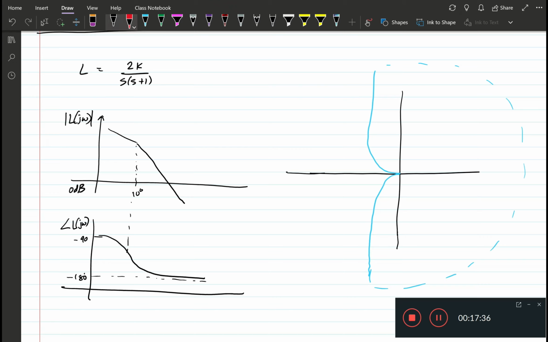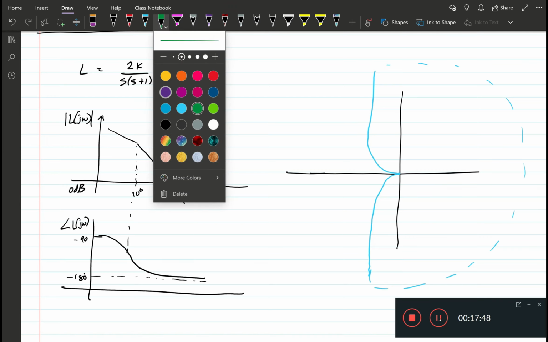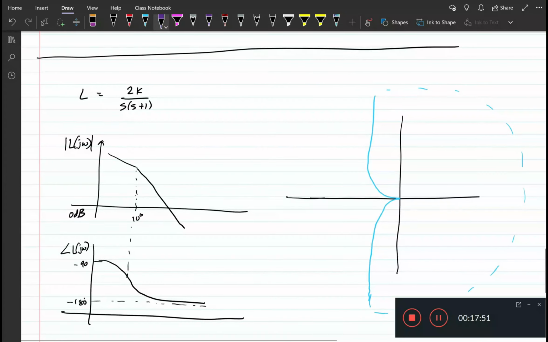Now this is for a given value of k. Let's say this one is for k equal to 1.